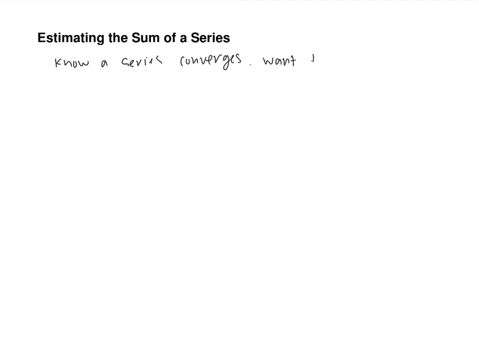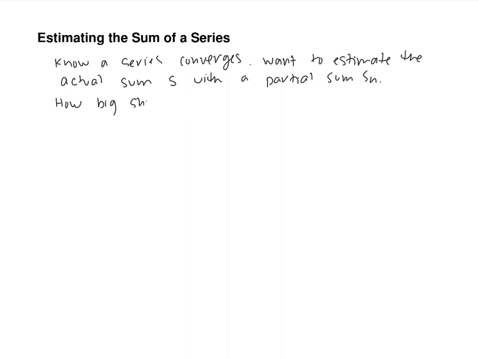We want to estimate the actual sum, which we're going to call S, with a partial sum, Sn. And the question is, how big should n be? Should we add the first 100 terms, the first 1,000 terms, the first 10,000 terms, just the first 5? So we're going to get a bound on the remainder of that sum.